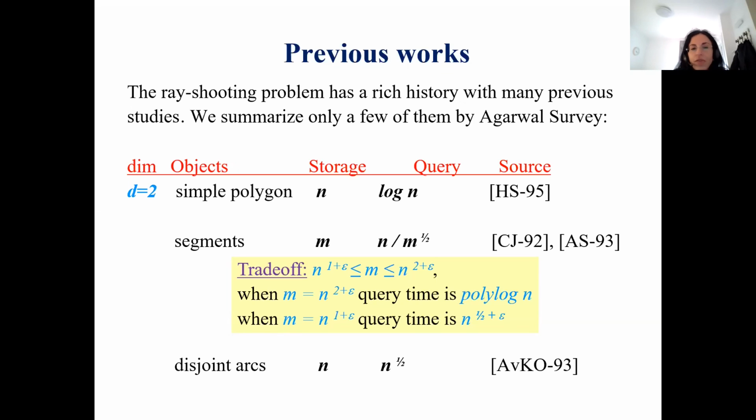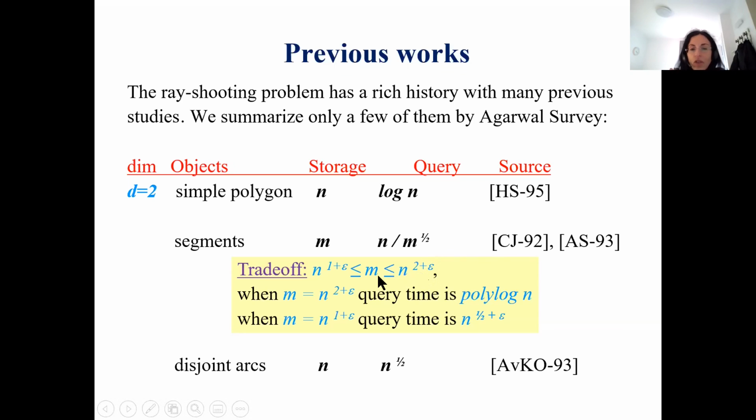For ray shooting in a simple polygon, there are data structures of overall linear complexity and logarithmic query time, log n. Now for segments in the plane, there is what is called a trade-off bound, meaning that if we are willing to pay, say, order of m for the storage, then the query time will be (n over m) to the 1/2.